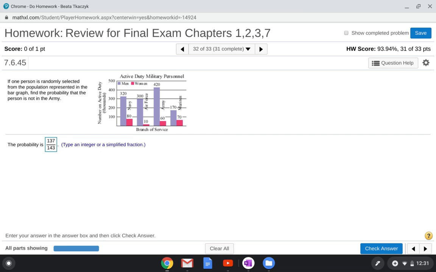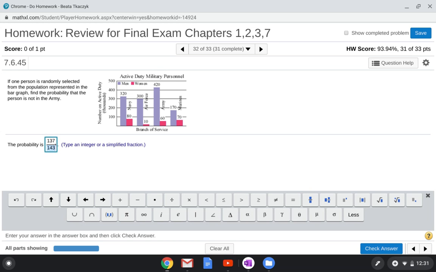Army is 60. 60 on 1,430, which is 6 over 143. 1 minus 6 over 143. Not sure why it doesn't come up that way. The probability.